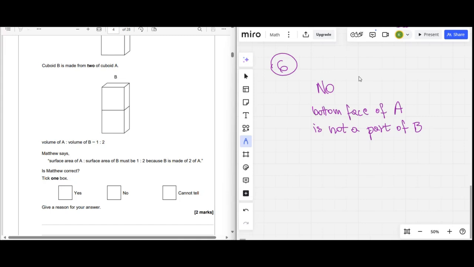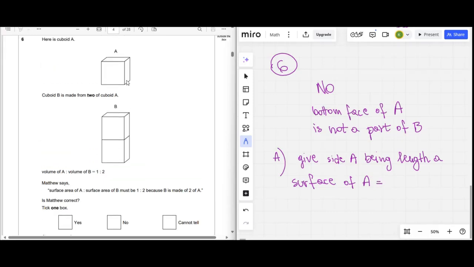Albo możesz też spróbować policzyć. Give side A being length A and the surface of A is. So if the side length is A, and then there is A as well because it's a square, everywhere is a square.